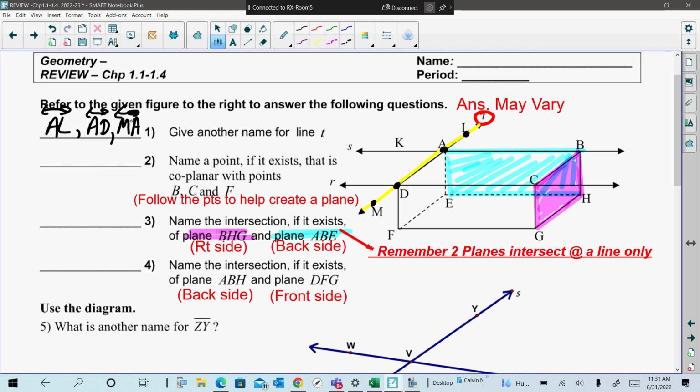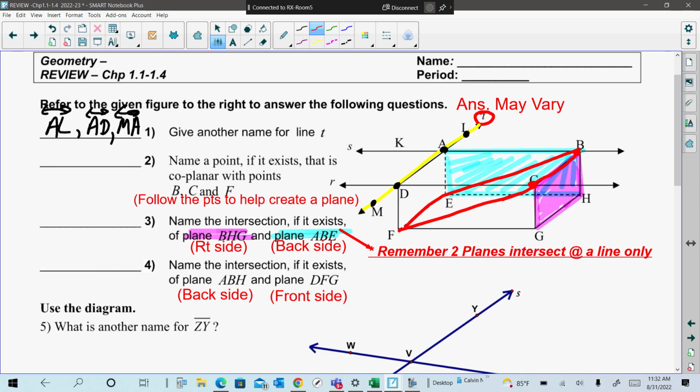It says name a point, if it exists, that is coplanar with the point. To help you see the relationship, you need to follow the points to help create the plane. So we go from B to C to F. When I do that, I'm creating a slice inside, because we're dealing with prisms, so our planes are the shape of a prism. The plane I could create here would look like that.